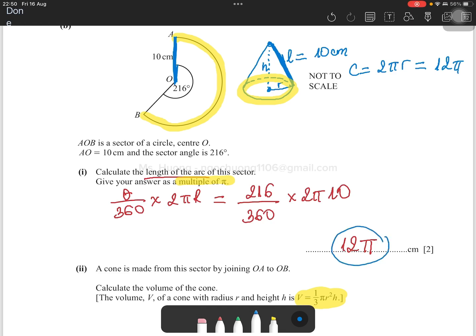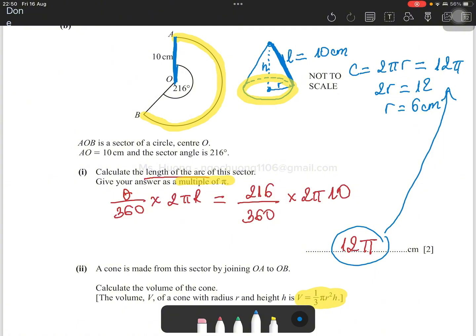We use this answer, 12 pi. So we can cancel pi and pi together. Then 2r equals 12 and r is equal to 6 centimeters. So now we know the radius is 6 centimeters, and we also know the slant height is 10 centimeters.